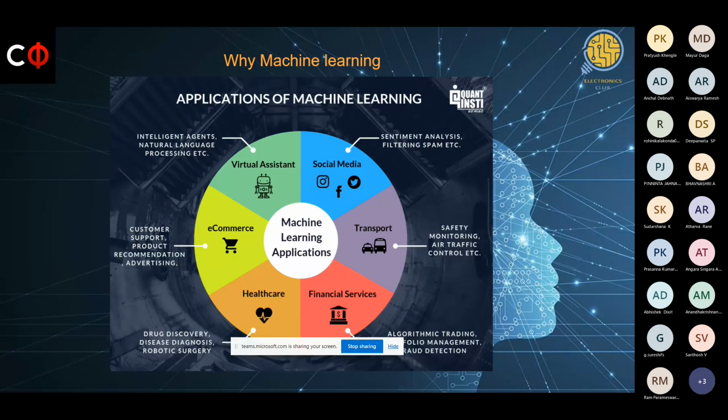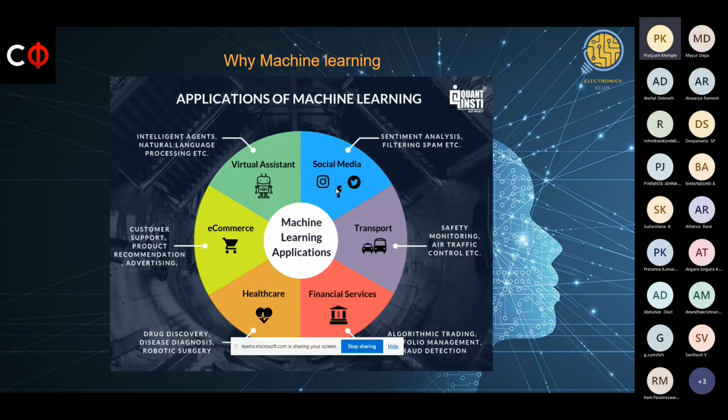And okay, now that we have answered what, let's see why do we need machine learning. Machine learning has wide scale application. It's used anywhere where we have too much data and too many unanswered questions.